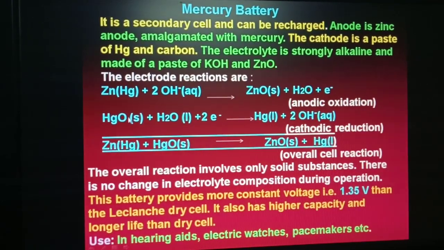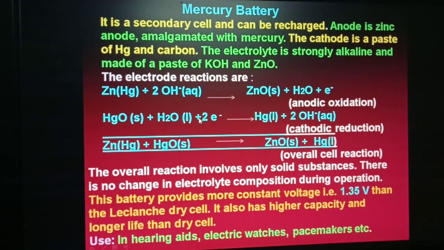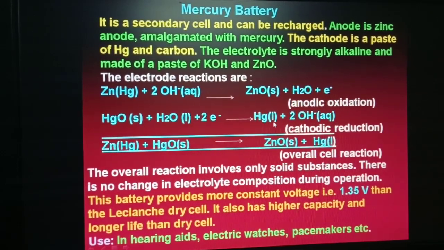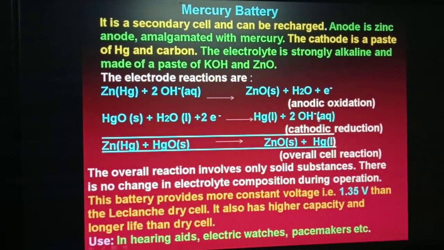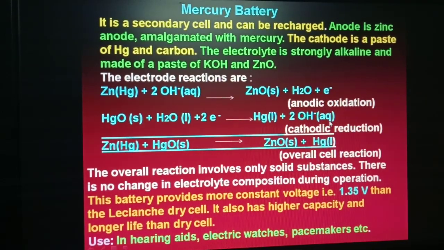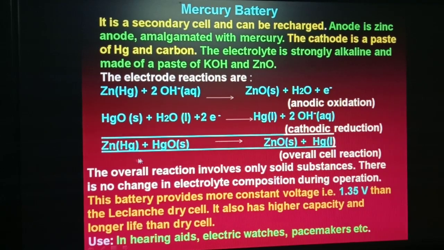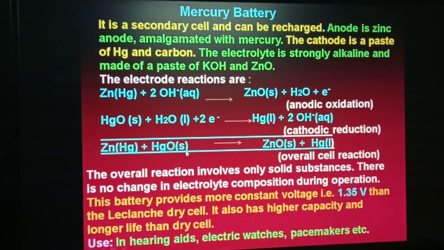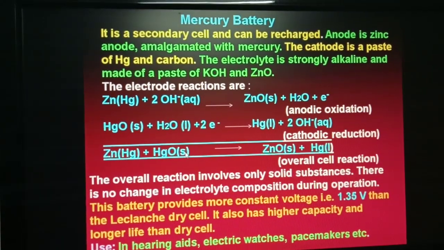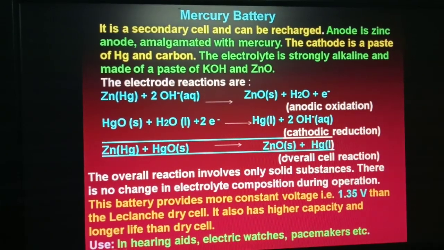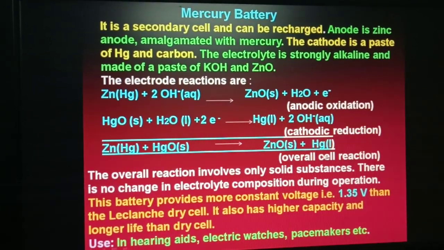So mercuric oxide plus water gains 2 electrons to give Hg liquid plus 2 OH-. The net cell reaction will be zinc amalgam plus HgO solid giving zinc oxide plus Hg liquid.